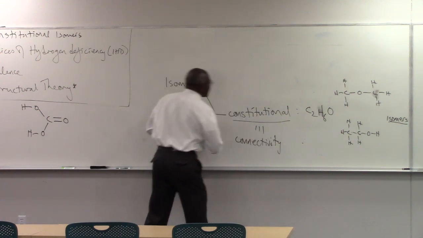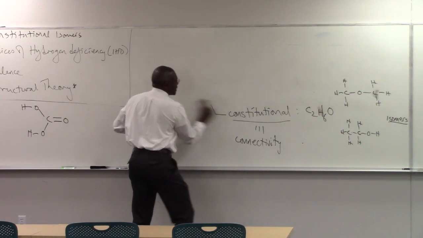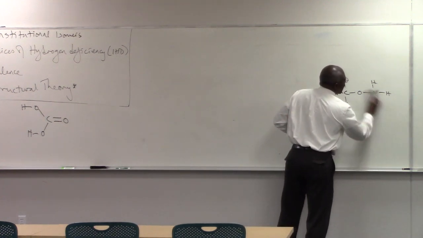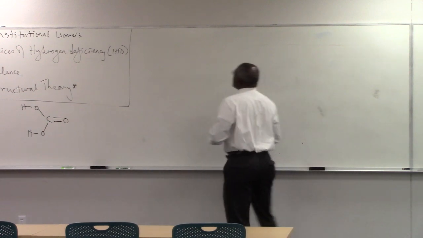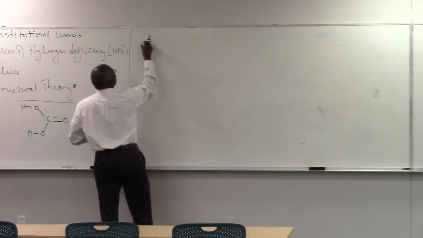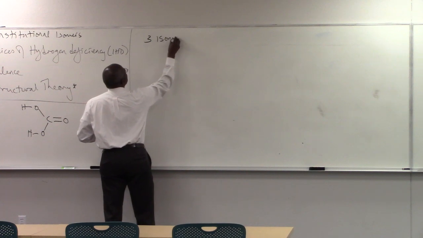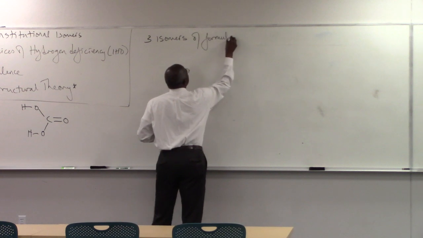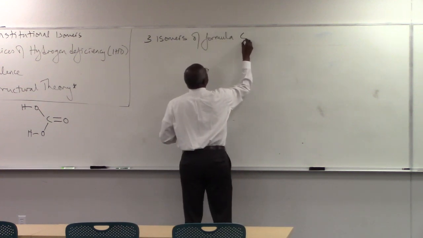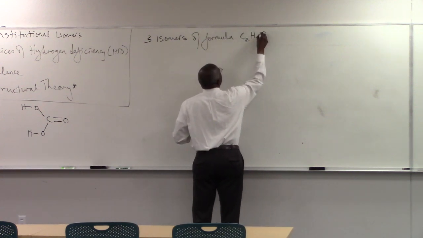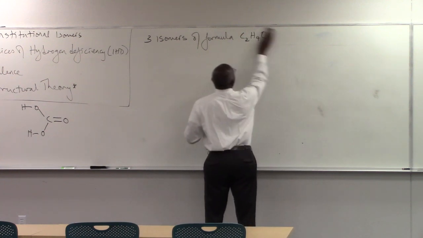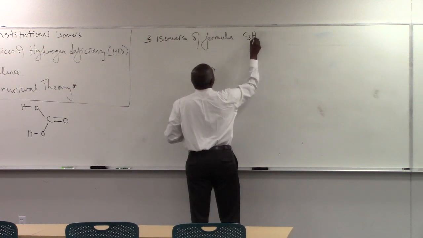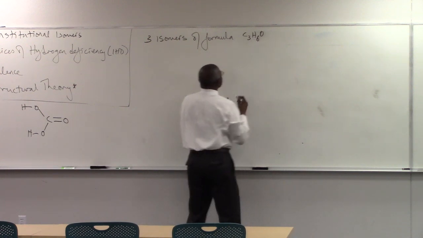Let's talk about the indices of hydrogen deficiency. So let's say I ask you to draw 3 isomers of formula C3H6O.